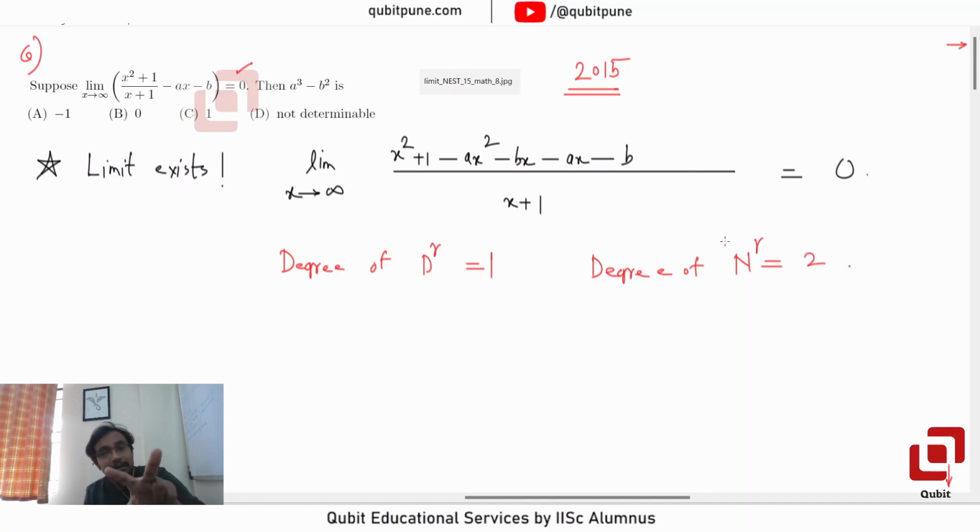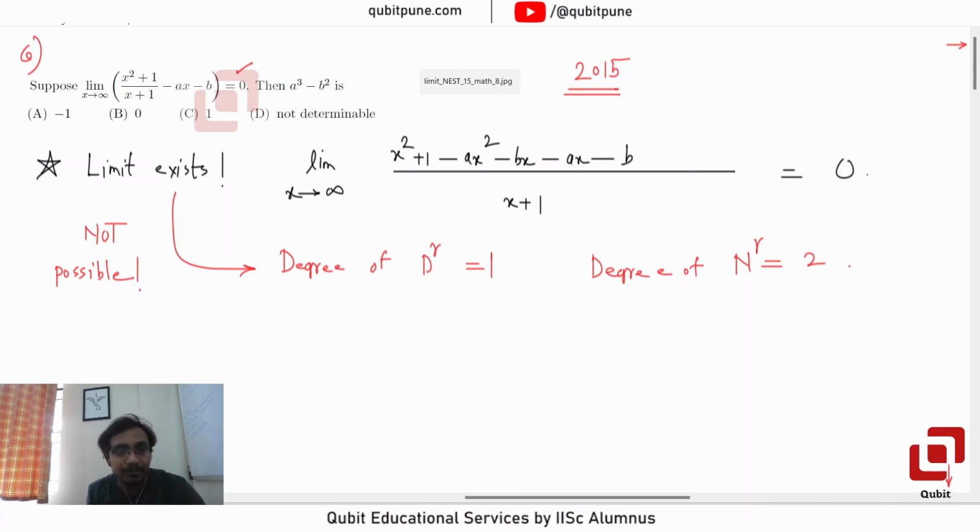Now this contradicts the existence of the limit, because we clearly know if x is tending to infinity and we have a rational function with the numerator's degree greater than that of the denominator, then the limit cannot exist, or we write infinity or negative infinity, but definitely not finite. But here the limit exists and is finite.